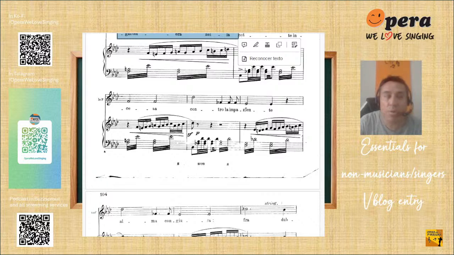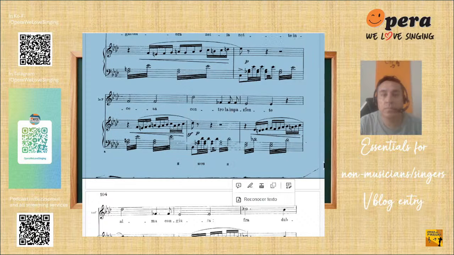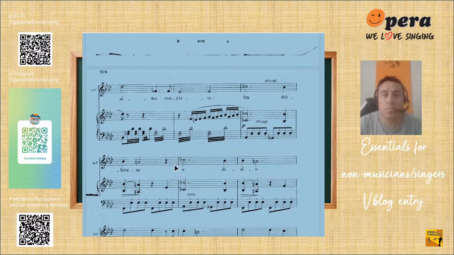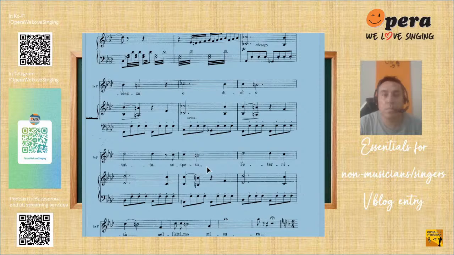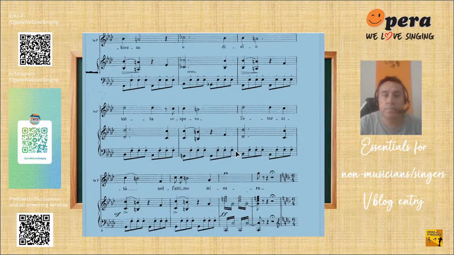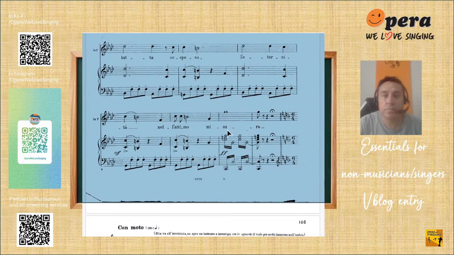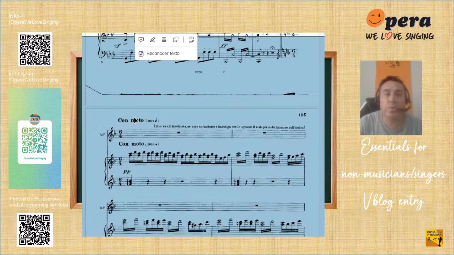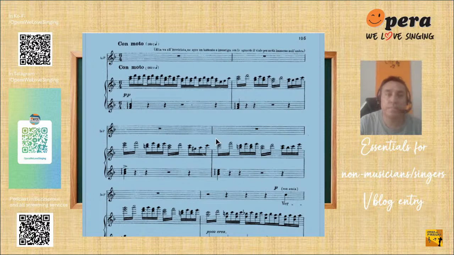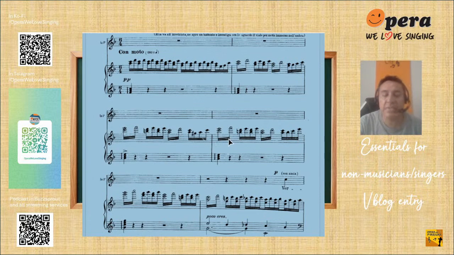This is where it started to go slower. A new change in the tempo, con moto, and you notice it in the music, going to a faster tempo.